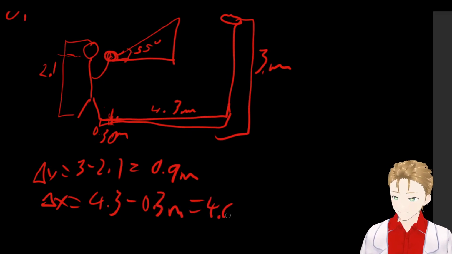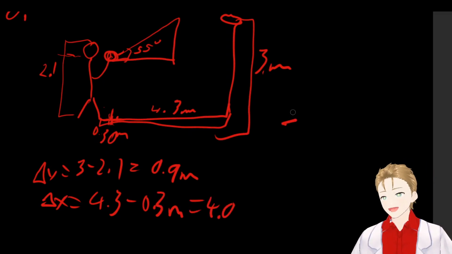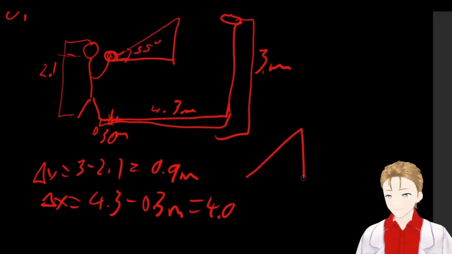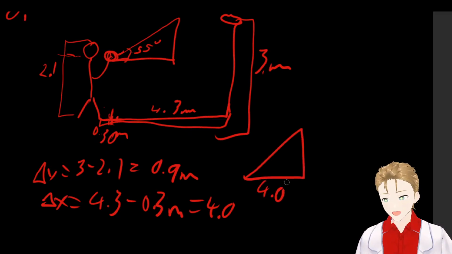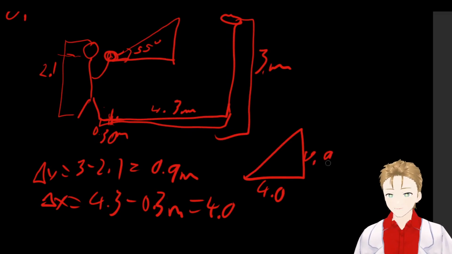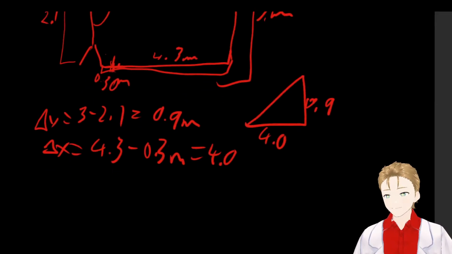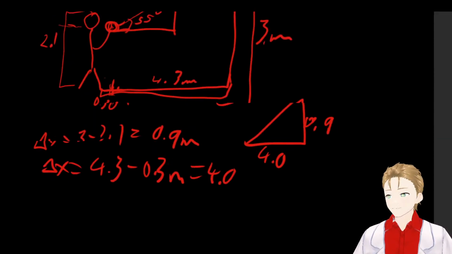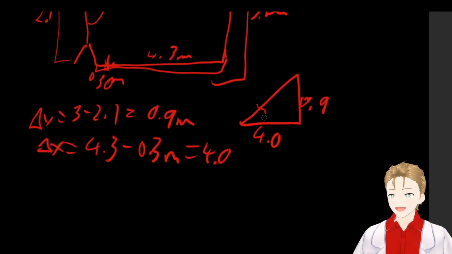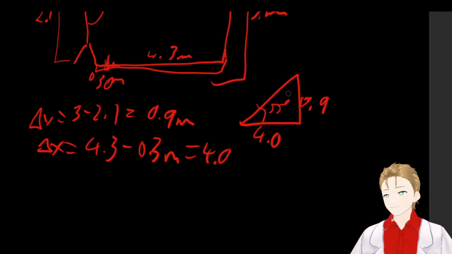So 4.0. So now we have a triangle finally. We have a 4.0 and a 0.9. Whatever we want our hypotenuse probably. By the way, still 55 degrees.